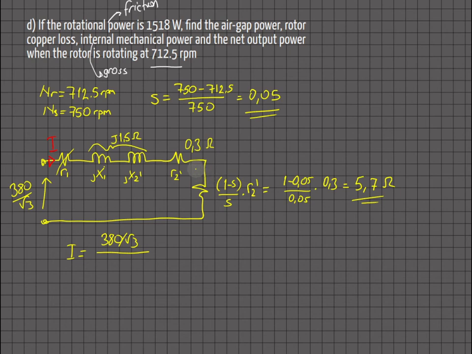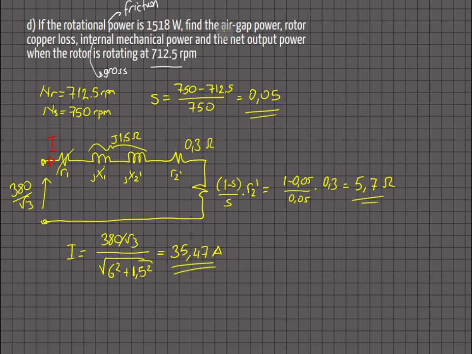And remember, it was R2 prime over S in the equivalent, and you can quickly double check, 0.3 divided by 0.05 is actually again 6. So it is square root, don't forget the J's, you cannot add these things directly, so instead it will be 6 squared plus 1.5 squared, right? So you need to find the impedance, and it's an RL circuit. If you do that calculation, you can find 35.47 amps. Okay, so I find that value.